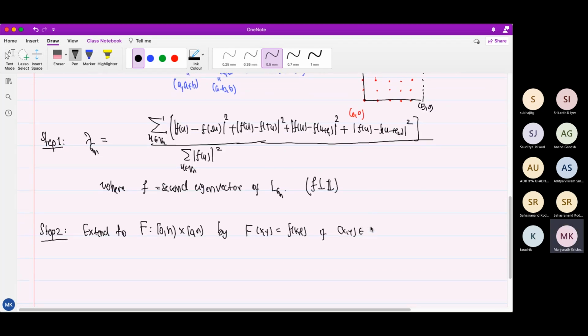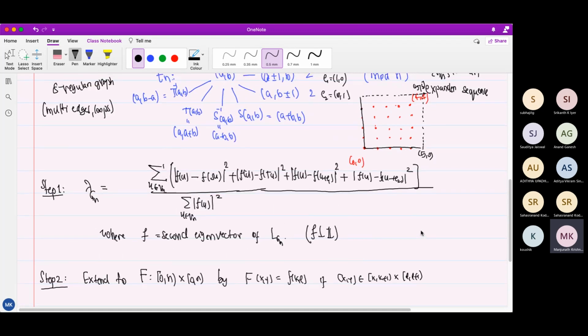So if xy is in the square [k, k+1) times [l, l+1), what that means is that on each square like this, where k comma l is the corner and the dotted sides are not included, f is constant on the shaded area.